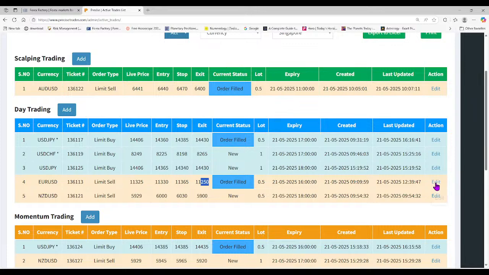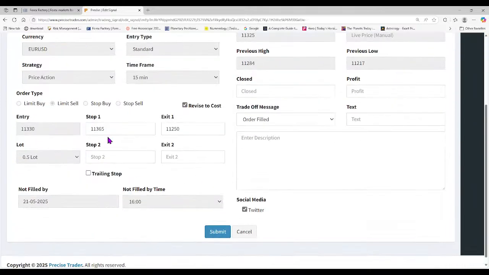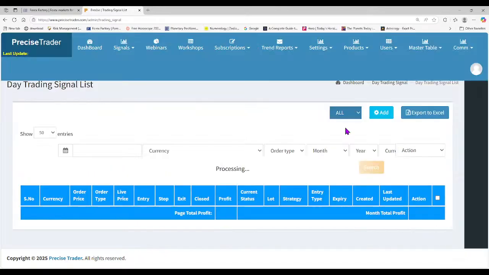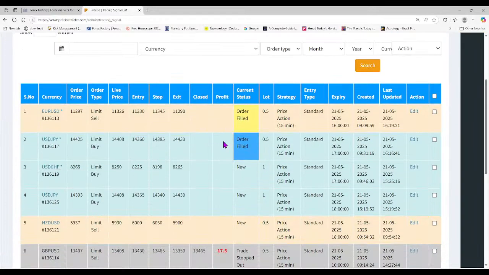What I'm going to do is reduce this stop to 45, and increase the TP to 85 or 90. This is the price target I'm looking for.